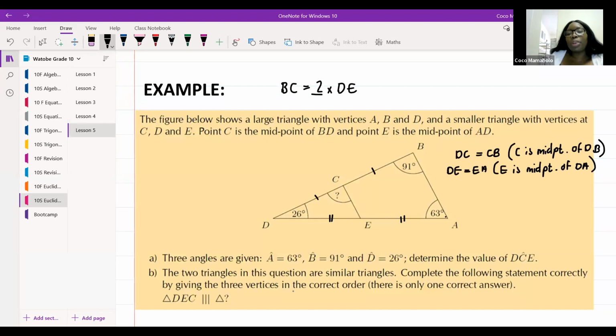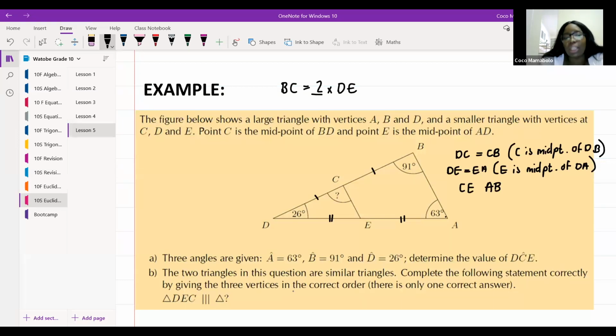Right. Now, because we know that these two things are equal, what can we say about CE and AB, guys? What can we conclude? That CE is what to AB? Are they equal? That's it, Sange.